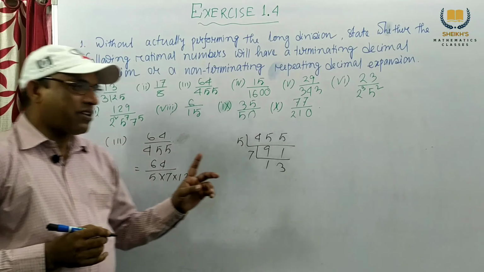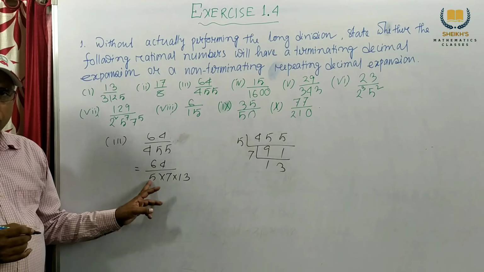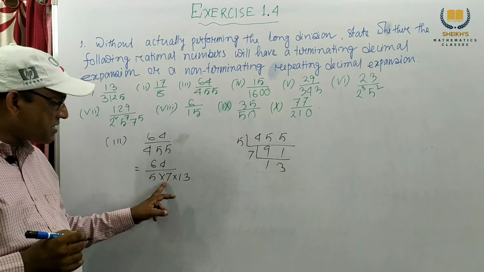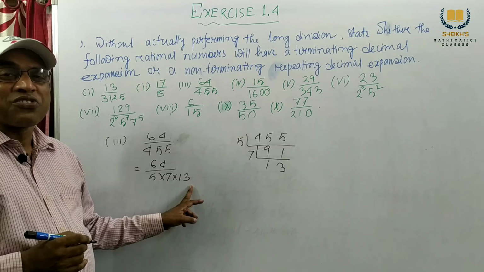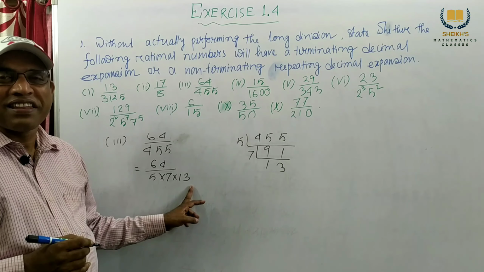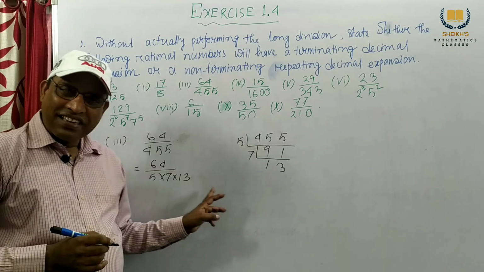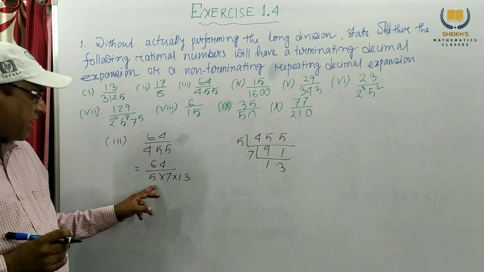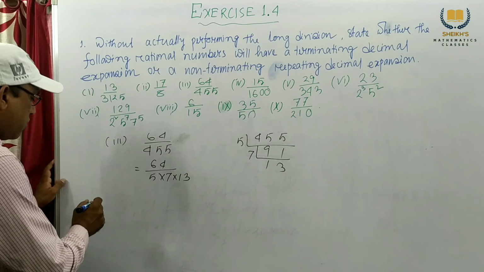Actually our requirement is 2 to the power n, 5 to the power m, but here 5 is present, and 7 and 13 also. So this is non-terminating, because this is neither 2 to the power n nor 5 to the power m form.